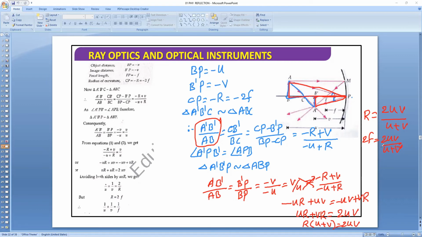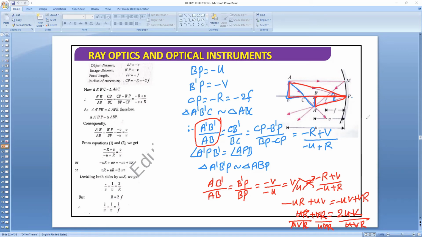Very easy method: without taking common, divide by UVR on both sides. UV will be cancelled, VR will be cancelled, UR will be cancelled.